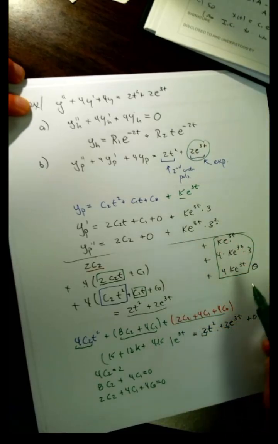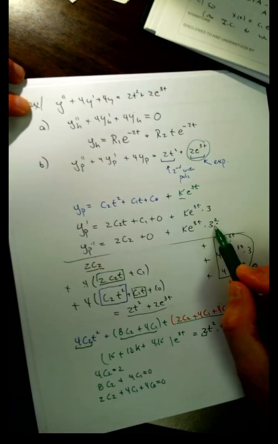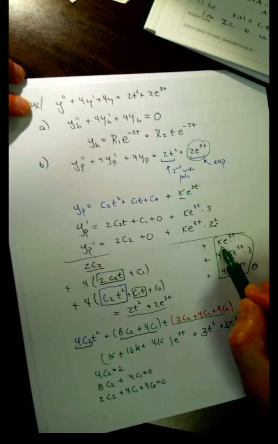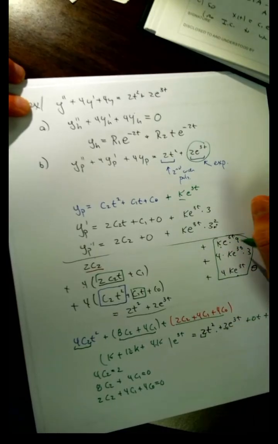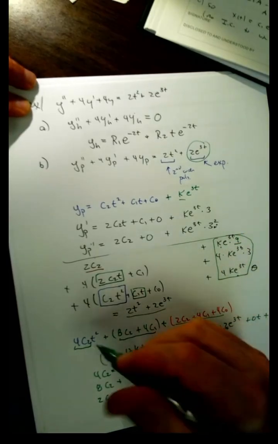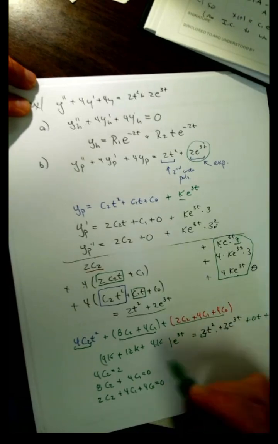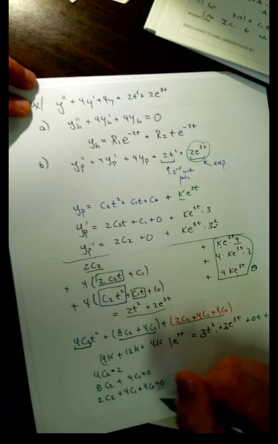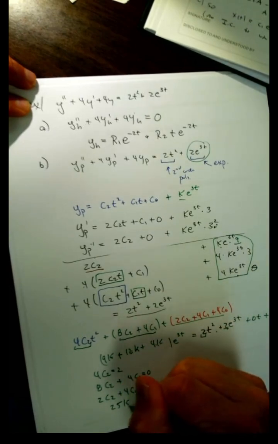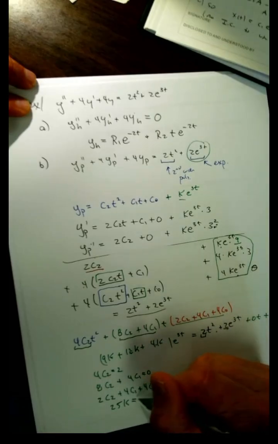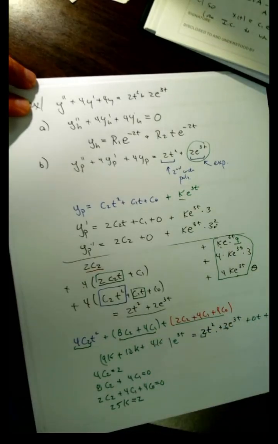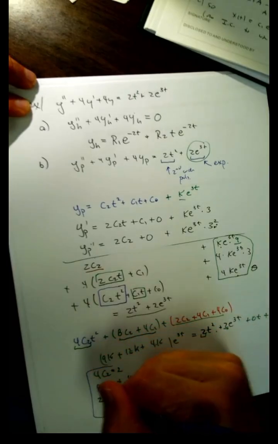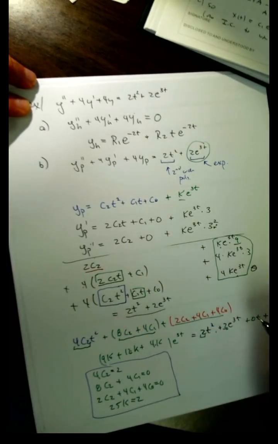Oh, this term right here should be 9, right? There should be a 9 there. Sorry about that. Which means that this should be a 9. So that's 25k equals 2, and that's what I had before. Sorry about that. Okay. Notice this system of equations is exactly the same thing we had before.